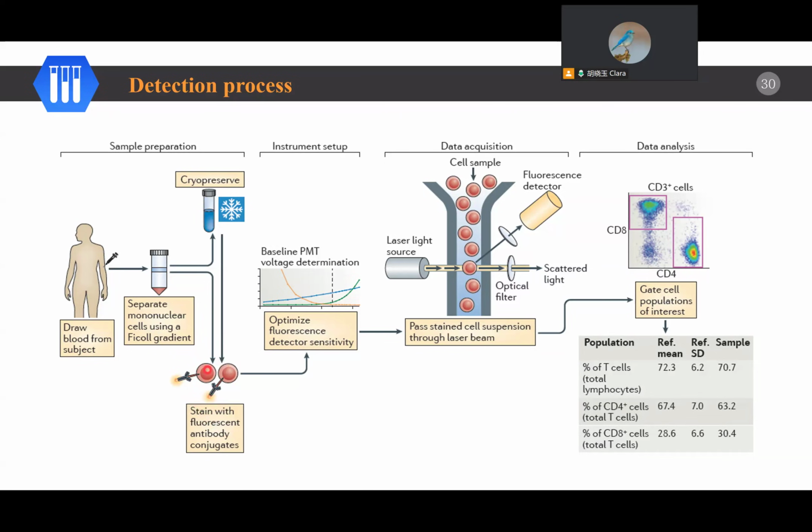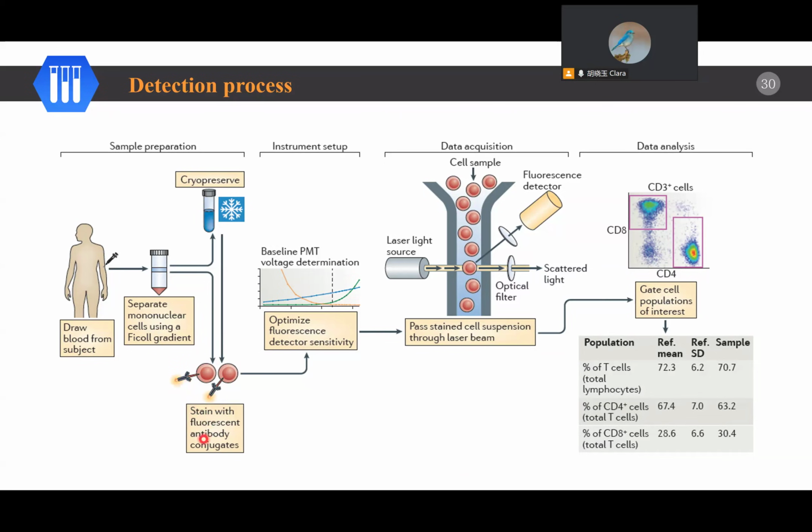The reagent has one component that can bind with the cell, which may be an antibody, and another component that can be detected by the machine, which is the fluorochrome.